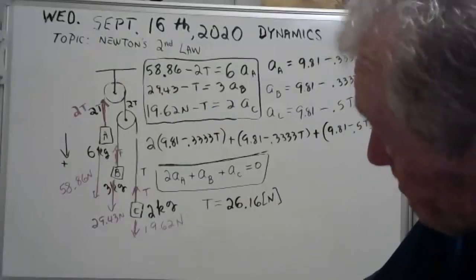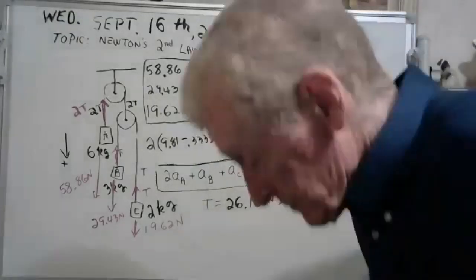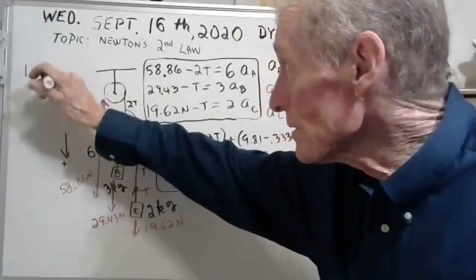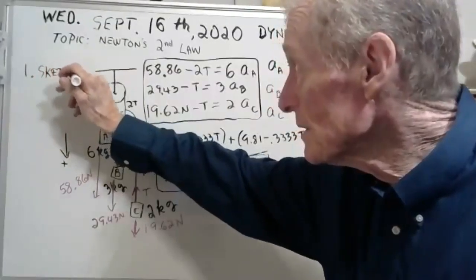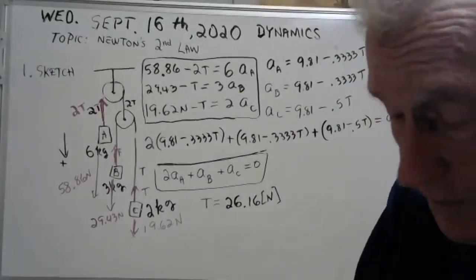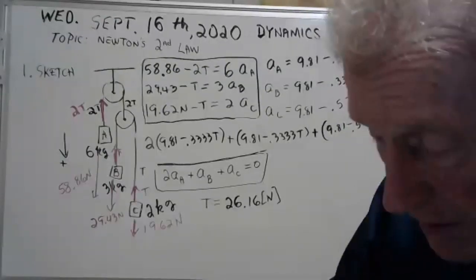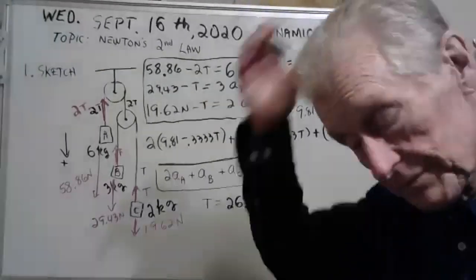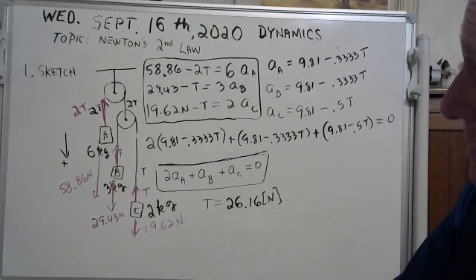Remember, this is a step-by-step thing. Here, I'll make you a little list. First thing you do is you make a sketch and you label it and you draw all the pulleys or whatever it is, the bodies, and you do it to scale or measure your angles, and then you put your red stuff in there for external forces.